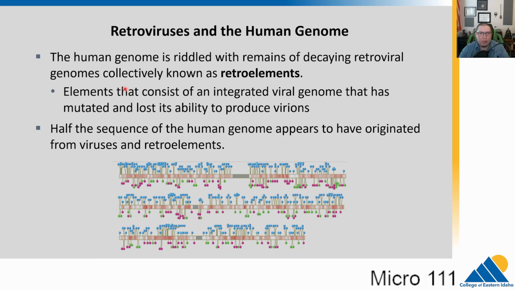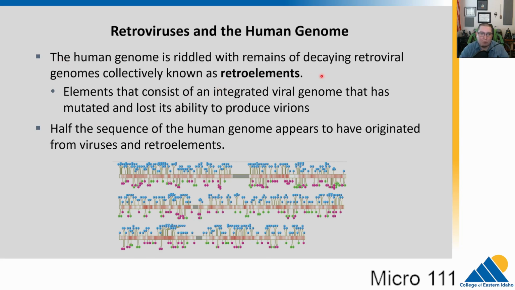It is interesting to note that HIV is just one of many retroviruses that are out there. Many of them don't cause this dramatic disease as this one. But when we look at the human genome, we notice that a large portion of our genome actually looks like retroviruses that have integrated with our genome. And over the years, they have lost the ability to move out of the genome.